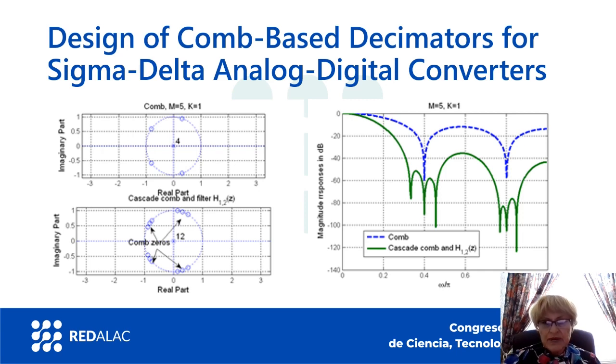And as a result, the magnitude characteristic shown in green has wide folding bands, and as a consequence, higher attenuation in folding bands.